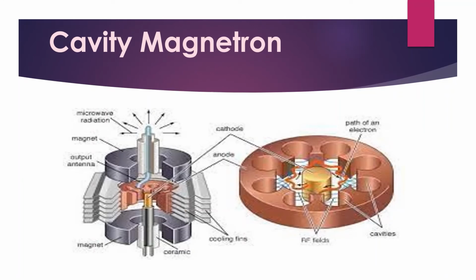Can you see the center portion? The center portion is the cathode, and the cathode is surrounded by anode cavities. As I said, it can be 8 or it can be 20 anode cavities which will be present.